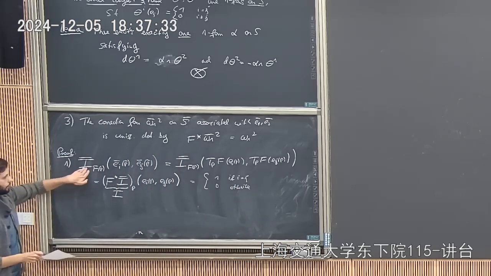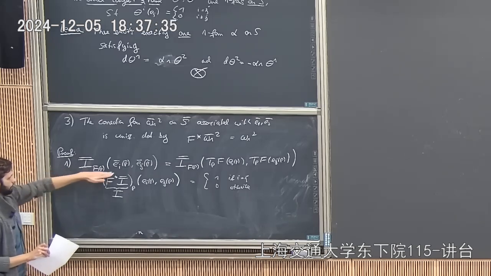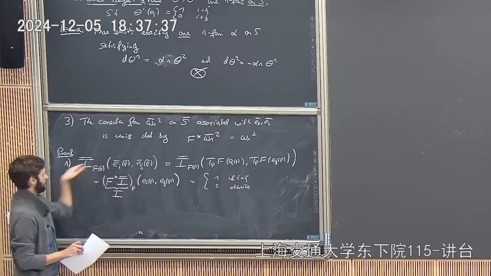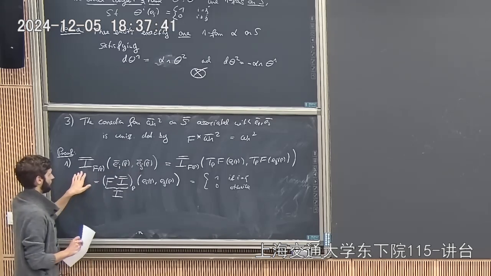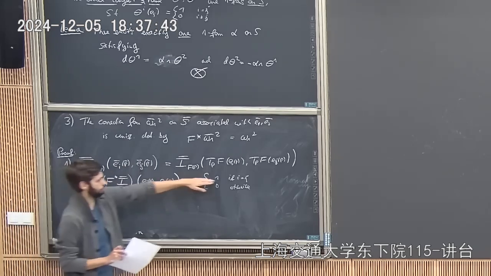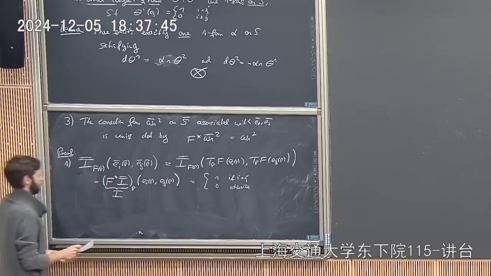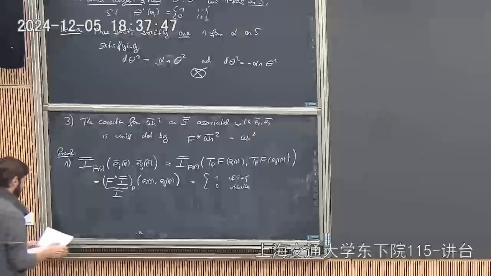And that's exactly what we wanted. We wanted to say that EI and EJ, if you plug them in the bar of the first fundamental form, we get exactly 1 if they are the same, and otherwise they are orthogonal.